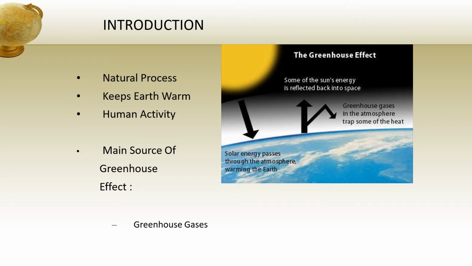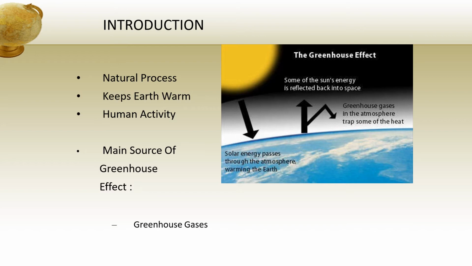So this global warming is a natural process and it keeps the earth warm, but it is generally due to human activity, and the main source of the greenhouse effect is the greenhouse gases. I repeat, the main source of the greenhouse effect is the greenhouse gases.